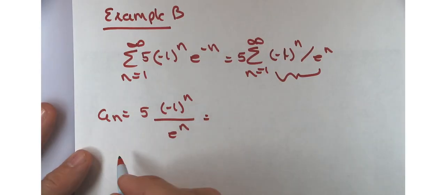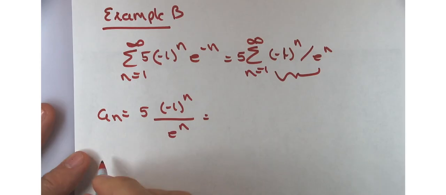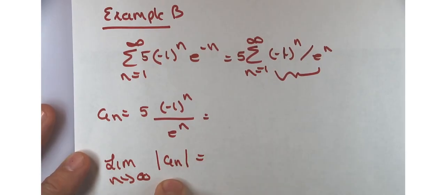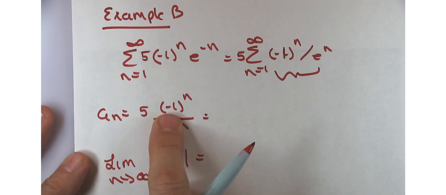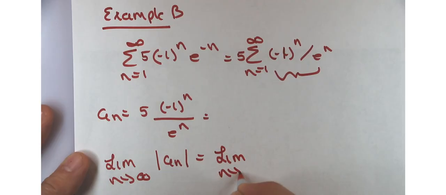Let's take a look and see what happens to that term. Now it is going to alternate. Take a look at the limit as n approaches infinity of the absolute value of a sub n. And I'm only putting the absolute value in there because I want to ignore the alternating part here. I'm really interested in limit as n approaches infinity of 5 over e to the n.